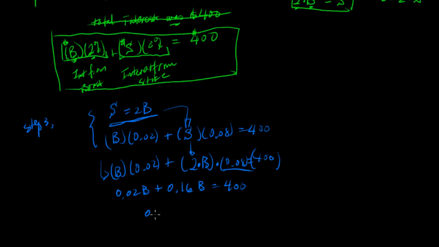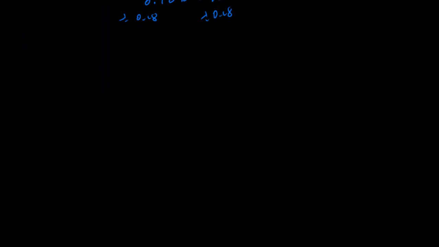Added together, I have 0.18B is equal to 400. Divide by 0.18 on both sides. If you want to push the pause button, you can go check the math on here. So B is equal to $2,222.22.